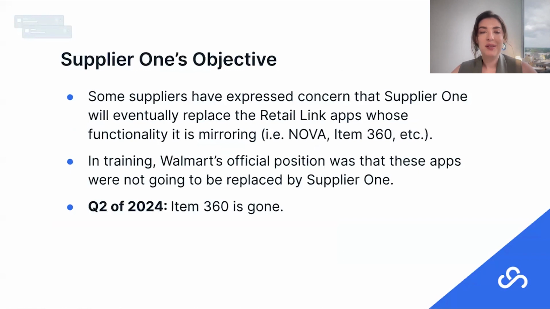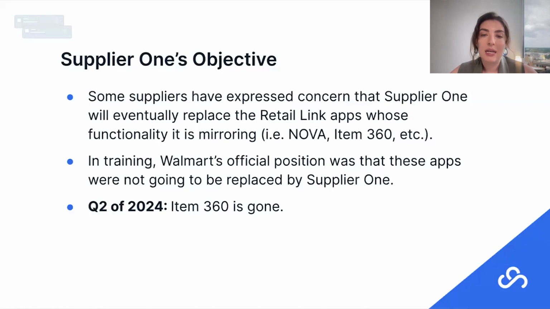And then the question that we hear a lot of suppliers ask is why? Why is this something that Walmart is doing? So we have heard the concerns that suppliers have expressed concern that Retail Link apps are going to be replaced. So Walmart has officially said that several apps are not being replaced.